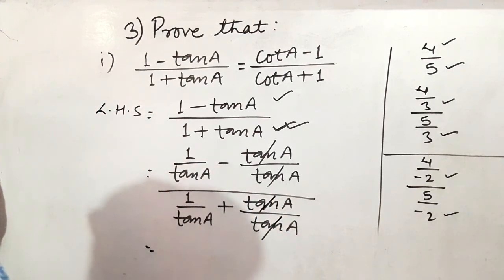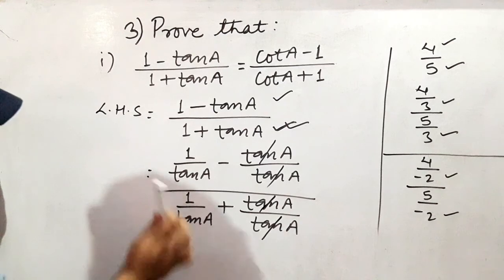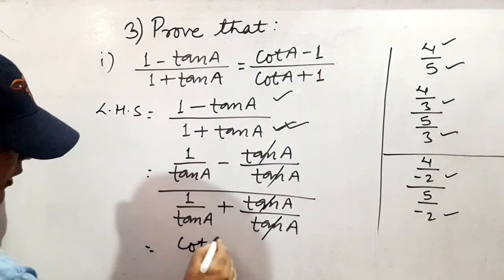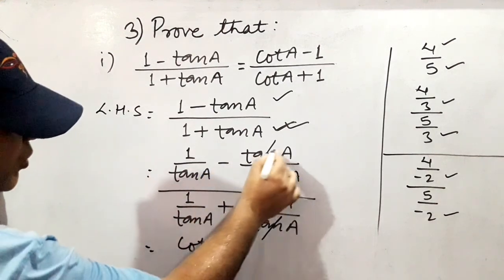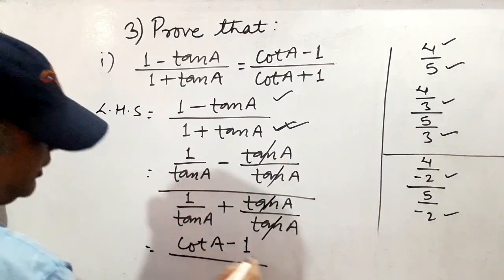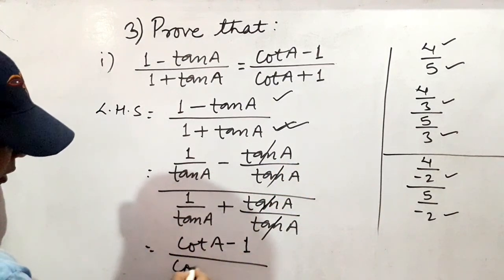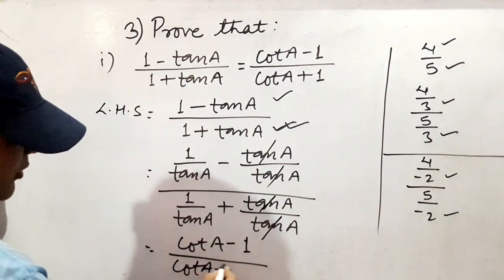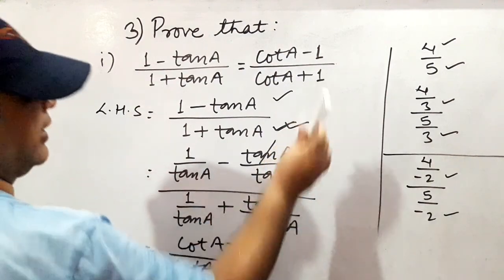Now we have the remaining terms. 1 by tan A is equal to cot A, minus 1, by cot A plus 1, which is our right hand side.